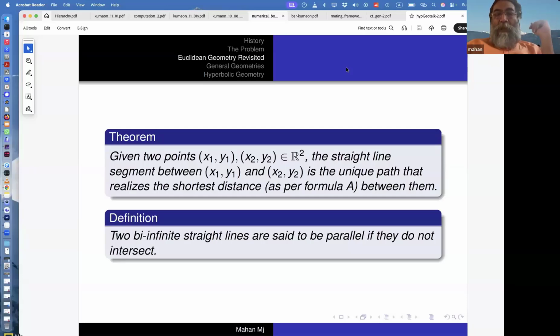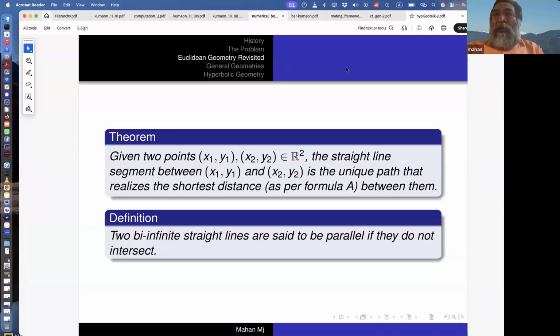That's all. Okay, good. So once we have this formula, ds square equal to dx square plus dy square, if we define our Euclidean plane to be R2 equipped with this distance, ds square equal to dx square plus dy square, then the fifth, or the parallel postulate, does follow.